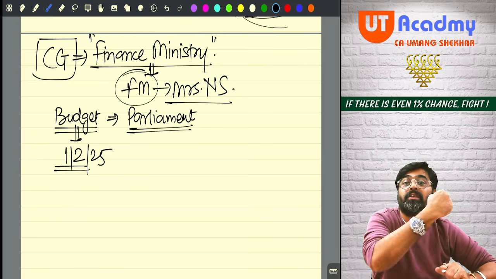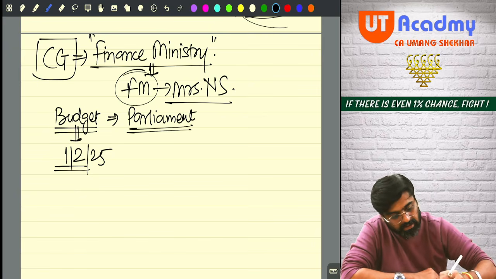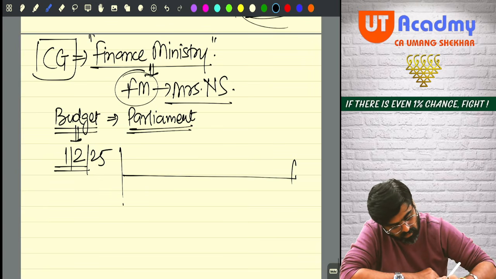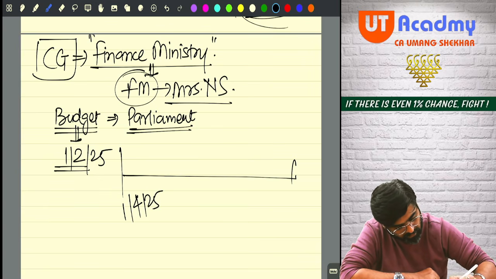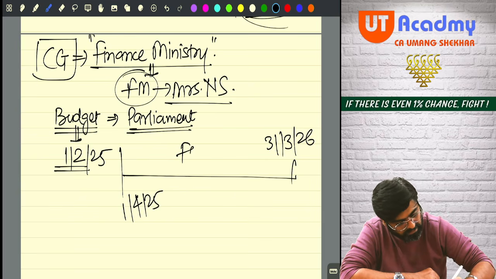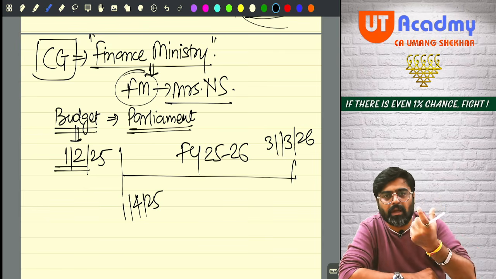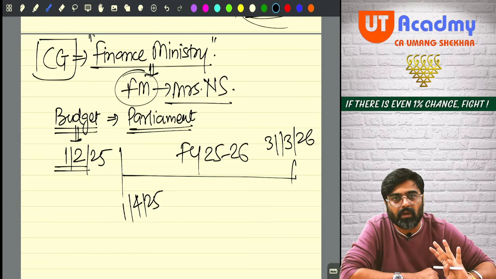So come on, what is the year which is about to come? The year which is about to come is 1st April 2025 to 31st March 2026. Can I say financial year 2025-26? The government calls it the fiscal year; for the government it is a fiscal year and we call it the financial year, no?